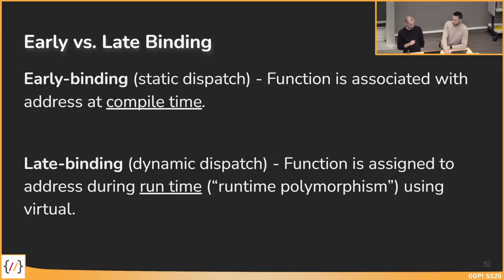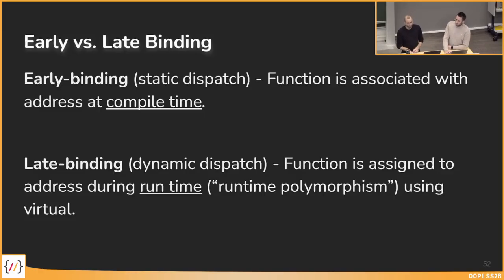So there are two different things here. First one is called early binding, and the function is associated with the address at compile time. We see that a lot if we have functions, for example. At compile time, we know which function should be executed when this function is called. And the other thing is late binding or dynamic dispatch.